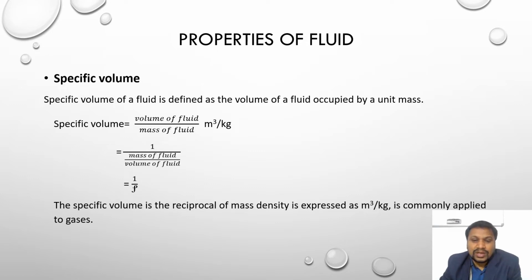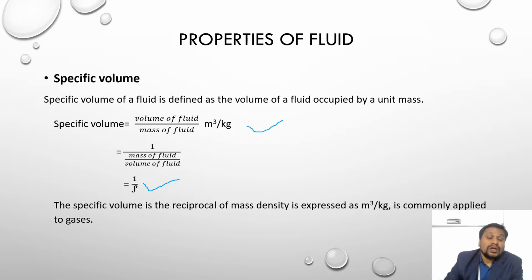Its symbol is 1 by rho. Specific volume is the volume of fluid by mass of fluid. Its unit is meter cube per kg.